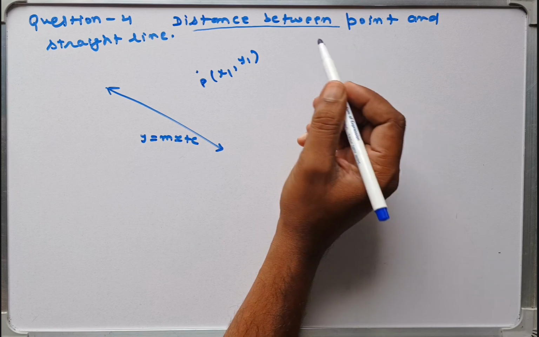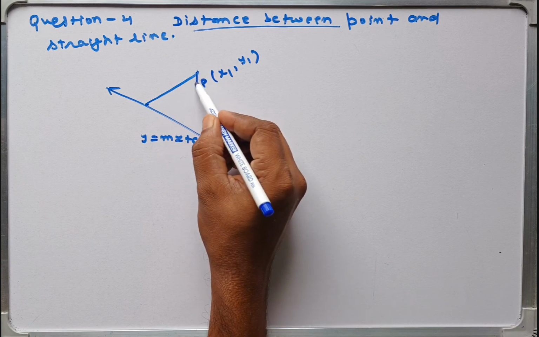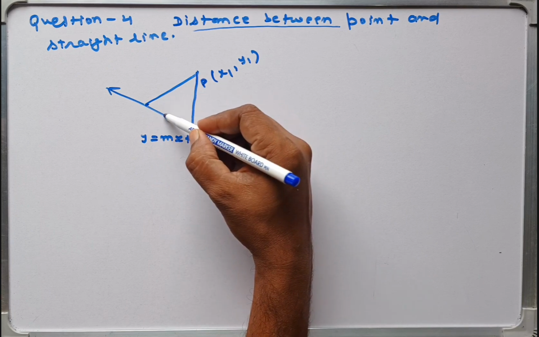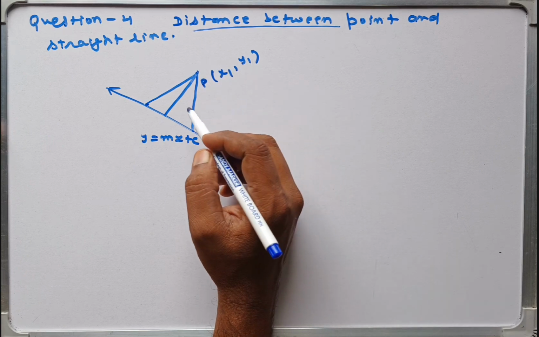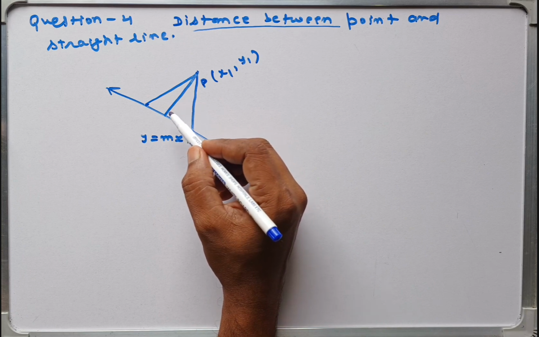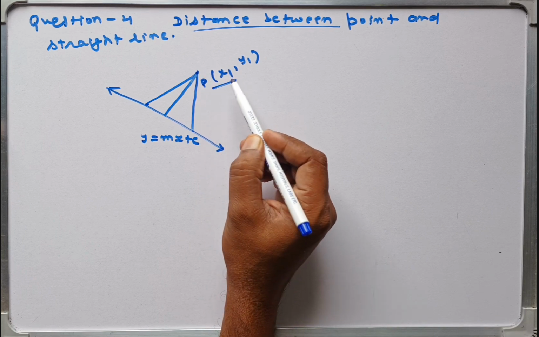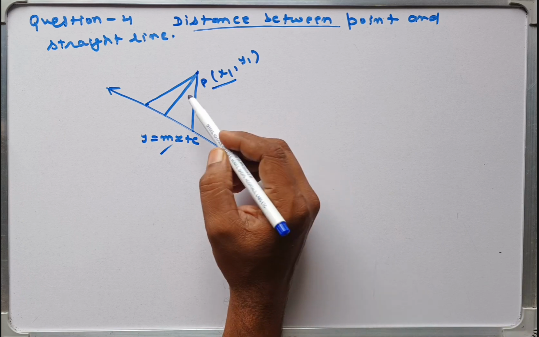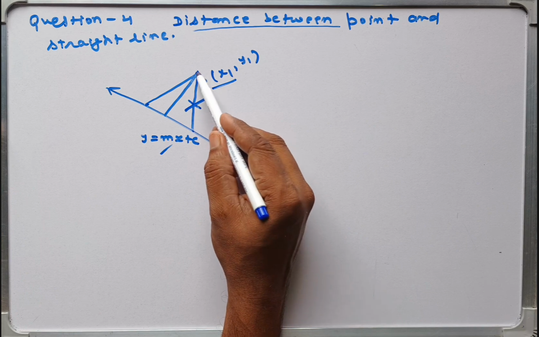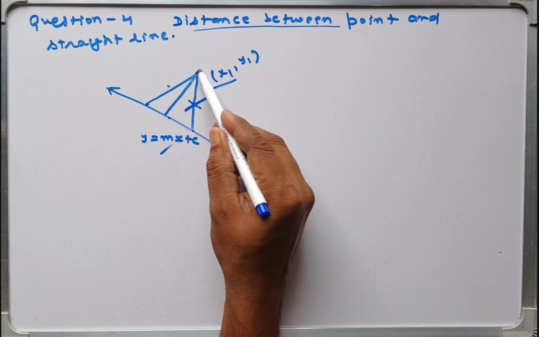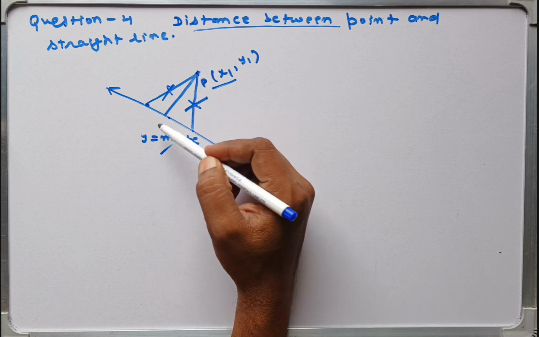Okay, now guys, suppose this is a point P whose coordinate is x1 comma y1. Okay, so could we say this one is a distance, or this one is a distance, or this one is a distance? Okay guys, in the question actually they want to know what is the shortest distance between this point and this straight line. So we cannot say this is the distance between this point and this line, or this point and this point. Okay, so which one is the shortest distance?